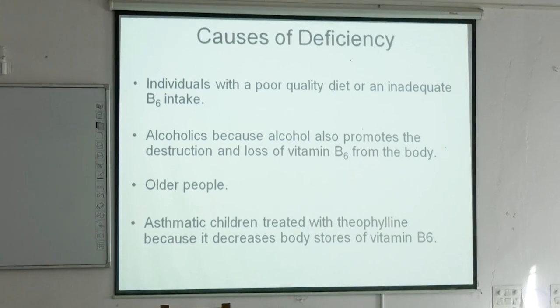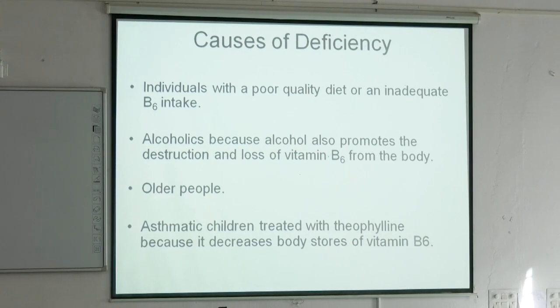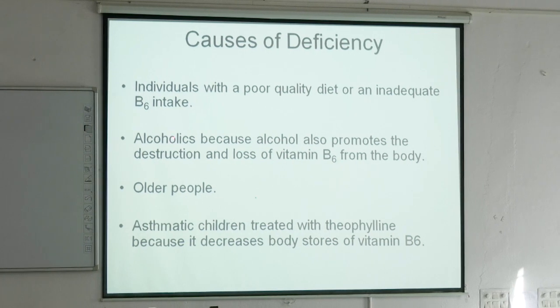Causes of deficiency. The metabolism of alcohol utilizes B6. Older people have reduced absorption from diet, so they receive less PLP.